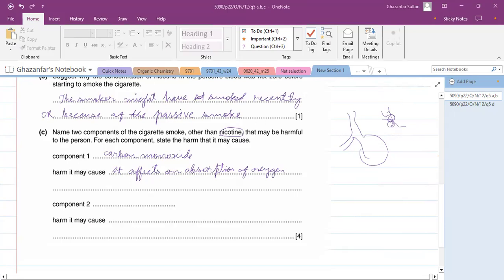And it may prevent the loss of carbon dioxide from the blood.